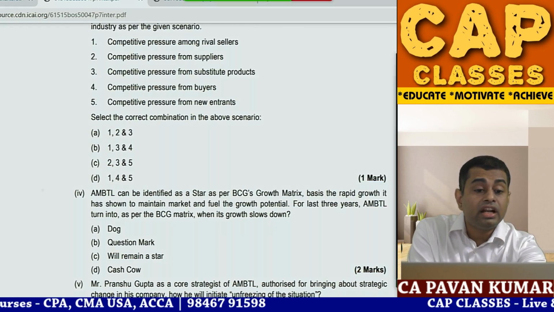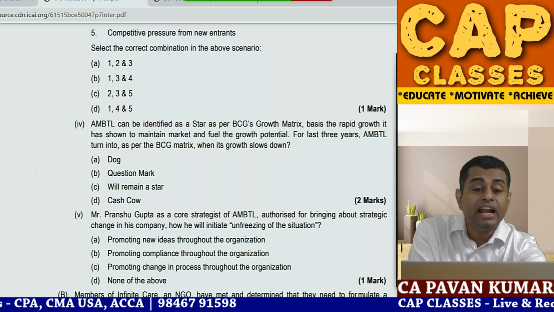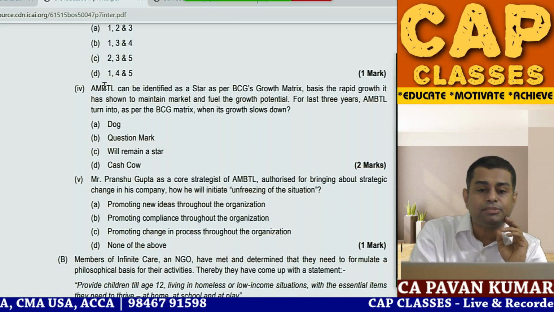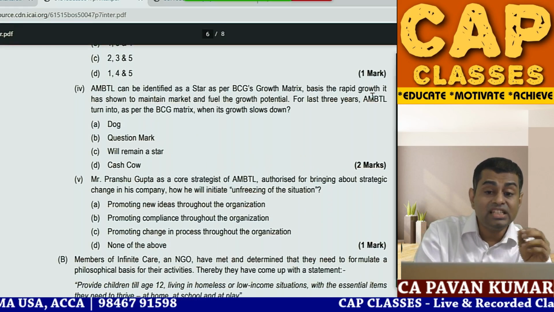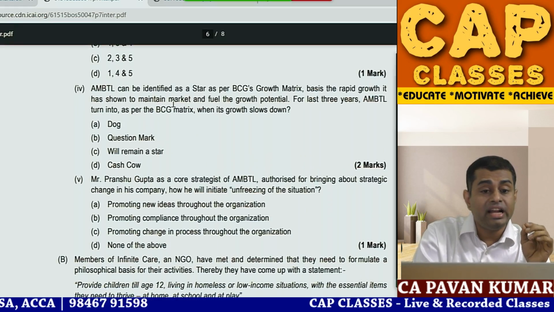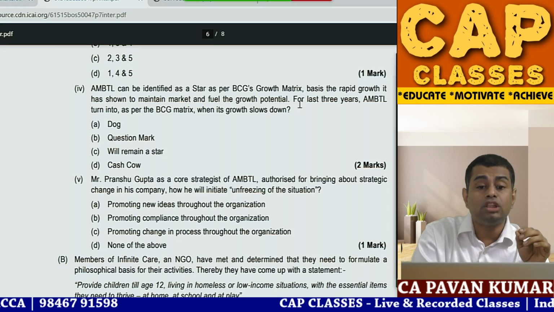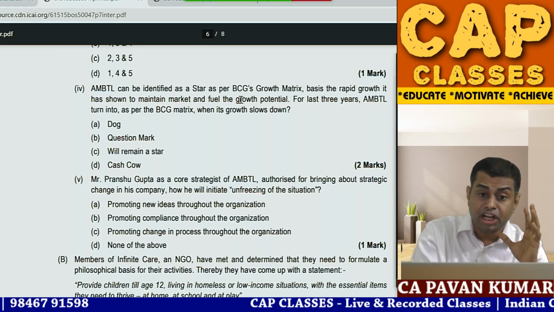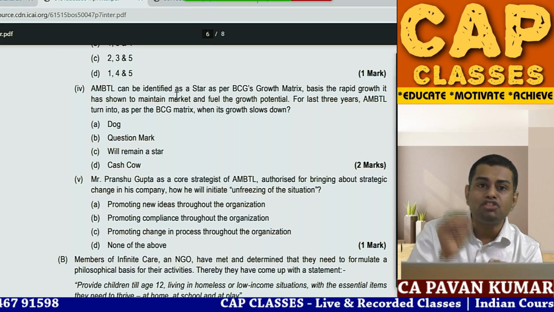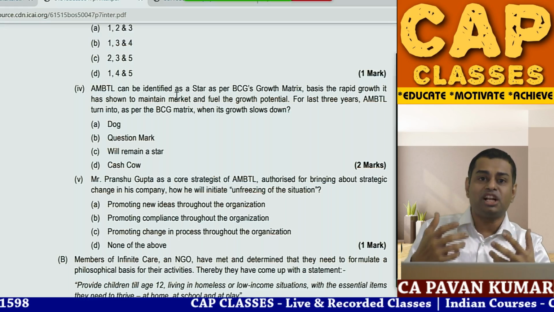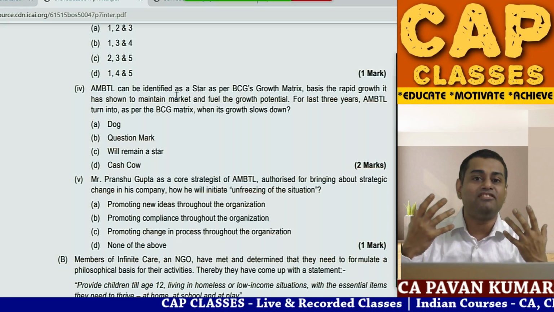So, fourth one, AMBTL can be identified as a star as per the BCG growth matrix. Basis, the rapid growth it has shown to maintain the market and fuel the growth potential. So, they have growth potential, they are using it. This fuel is not petrol fuel, okay? Fueling growth potential means I am able to explore myself more.